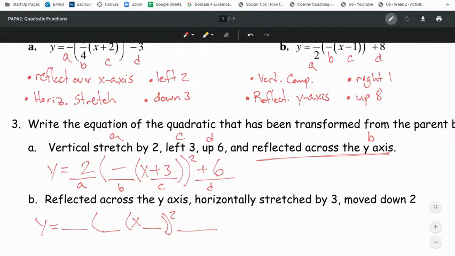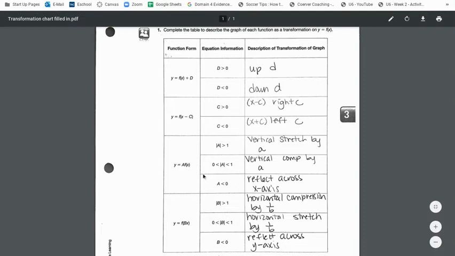And then for part B, reflected across the y-axis, that's B, so there needs to be a negative there. Horizontally stretched by a factor of 3, so this one's a tricky one. Horizontal also deals with B. So if I come back here, here's horizontal, right?